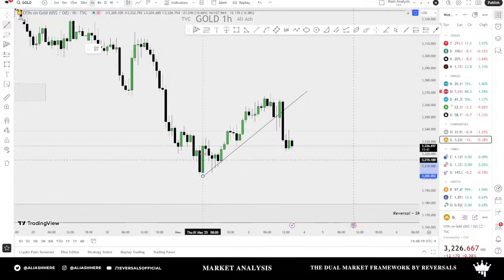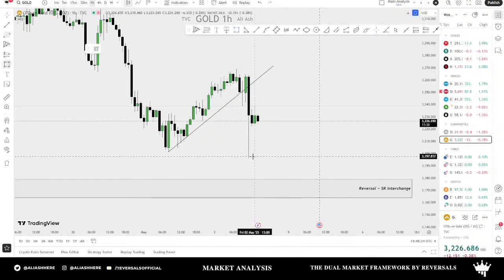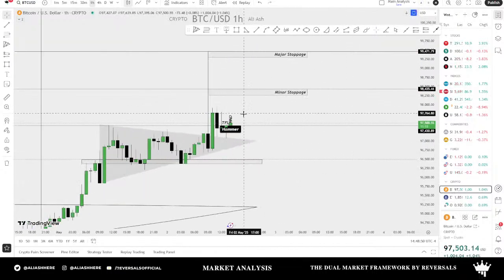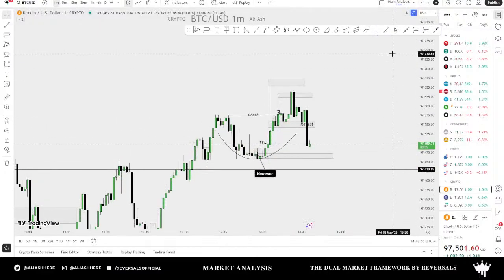You can also do the SR interchange with this trend line. So we can see this stoppage first. Okay, so what's up with this?